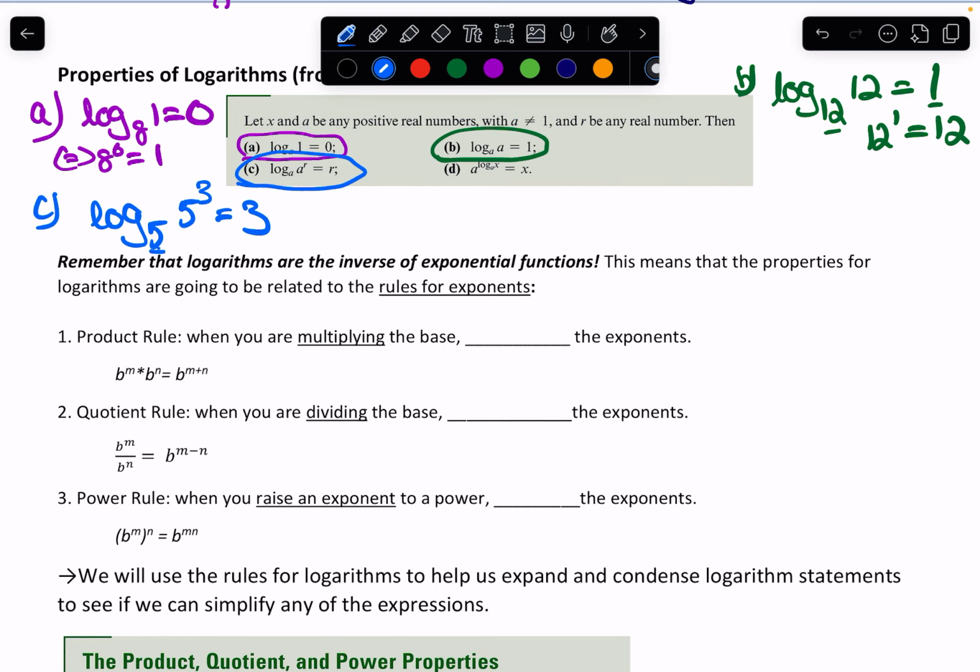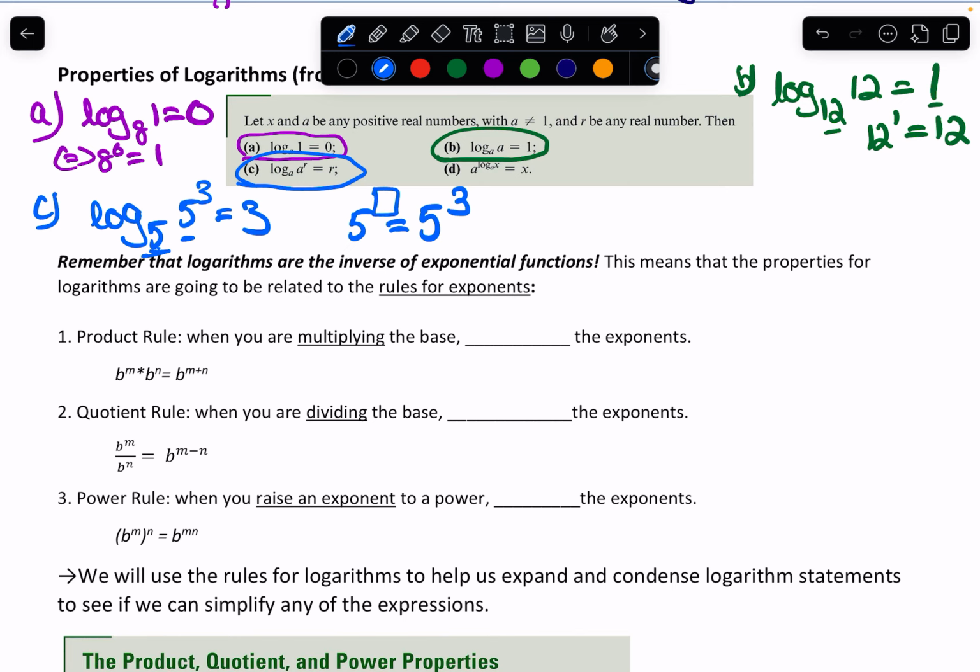We have the base 5 here, and we have 5 to the power of 3 as the argument. So our question is, what is the exponent of the 5 so that it equals 5 to the power of 3? Well, if our bases are the same, it's going to be the 3.